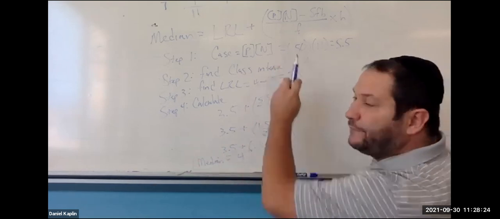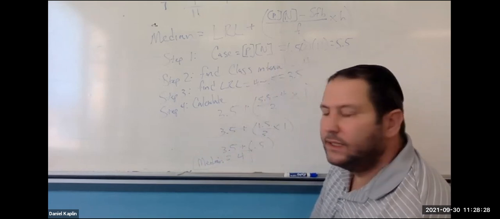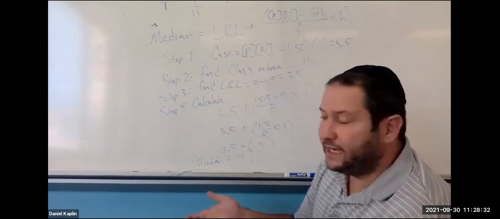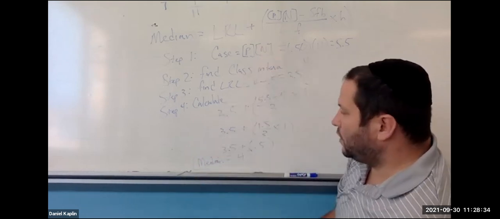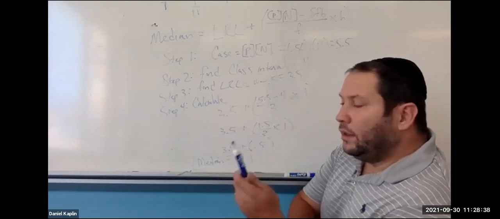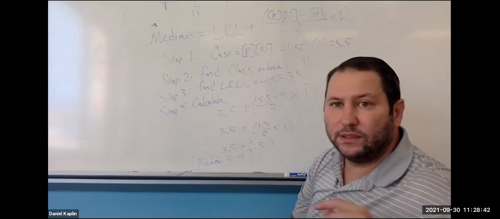So I use the same formula as calculating a raw score when a percentile rank is known. Median is the 50th percentile, and I work my way through it. So if we're keeping score, the mean was 4, the median was 4.